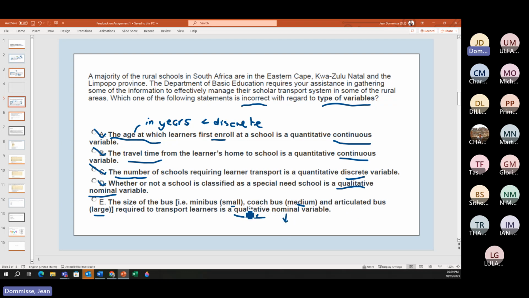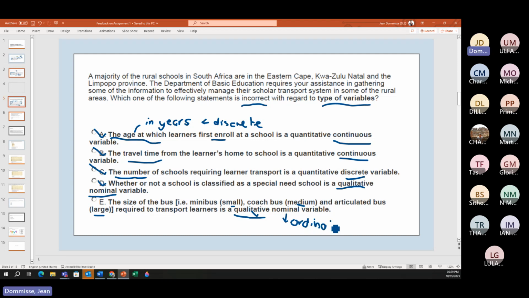So what we have here is a small bus, a bus that is bigger, and then a really large bus. So this tells me that there is order in the size of the bus, which makes it ordinal and not nominal.